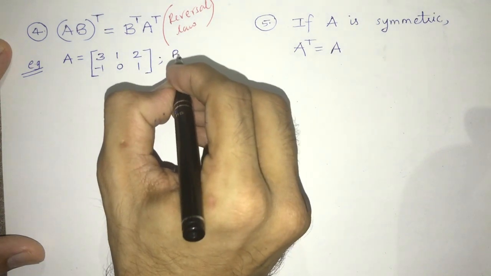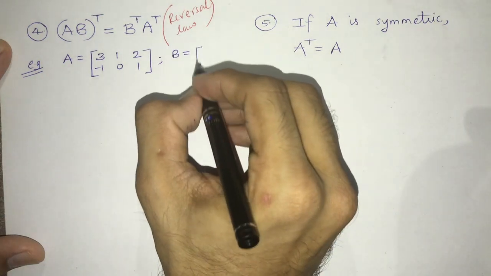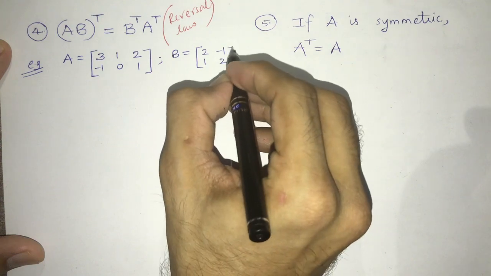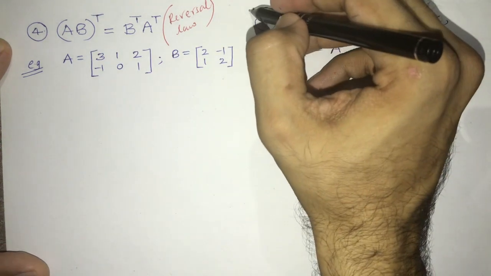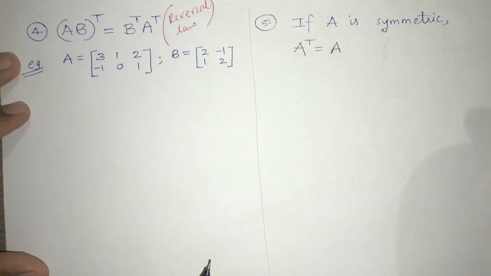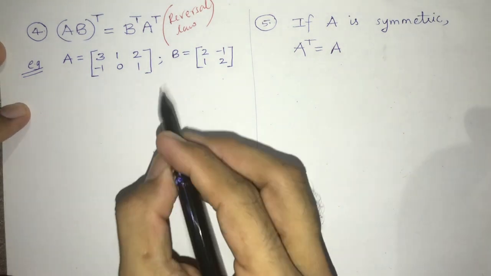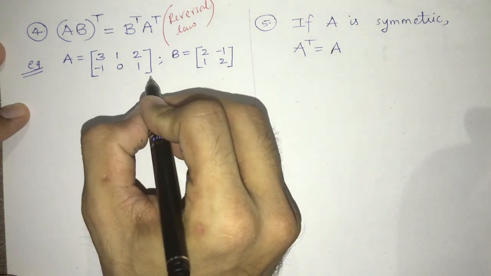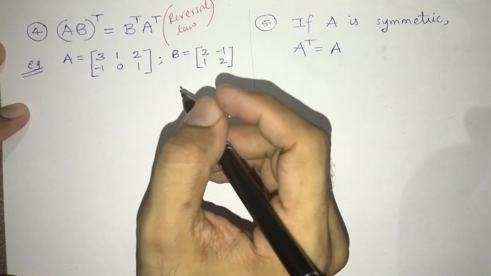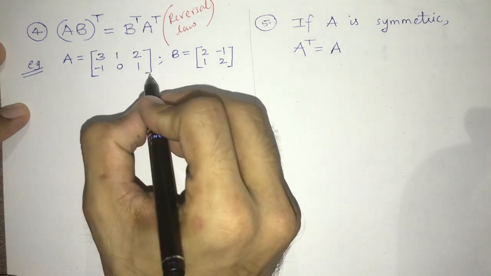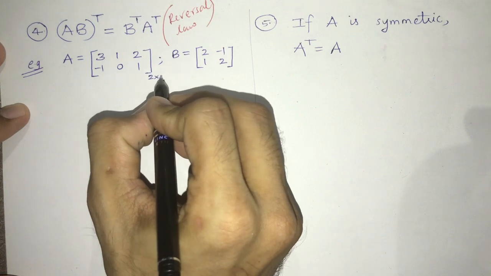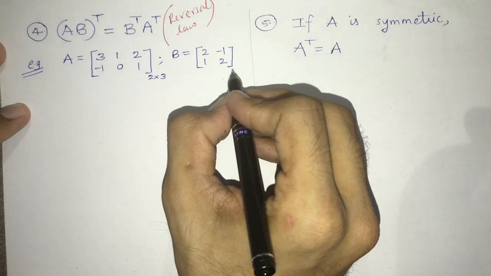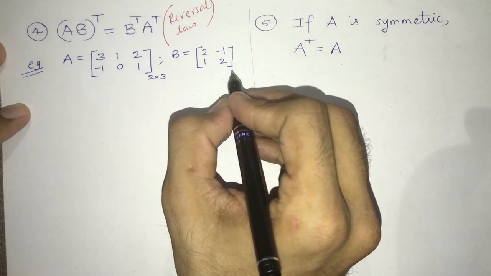We are going to take B as 2 minus 1 1 2. So A is done, B we have taken as an example. Now let us multiply AB. Is the multiplication possible here? I would say, here A has 2 rows 3 columns, and here B currently has 2 rows 2 columns.